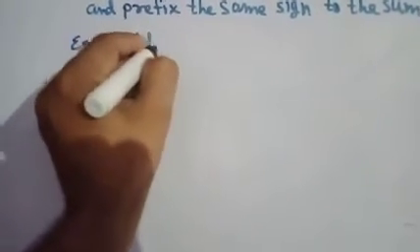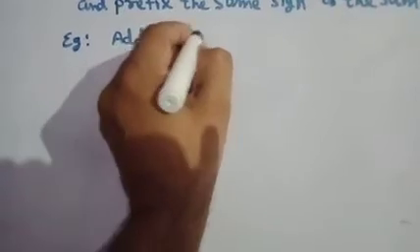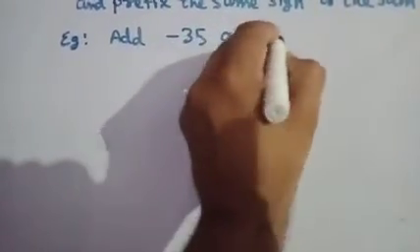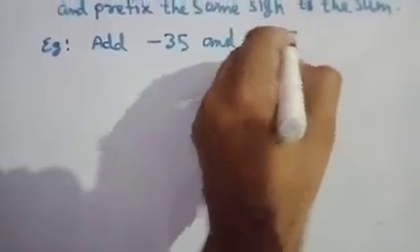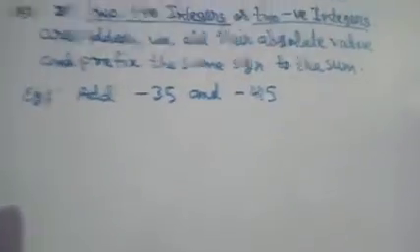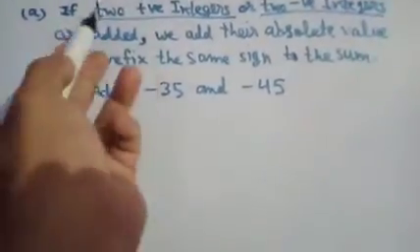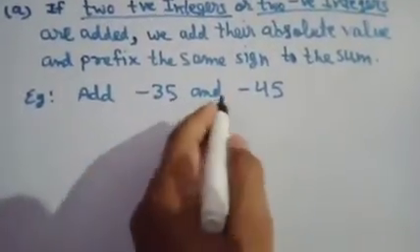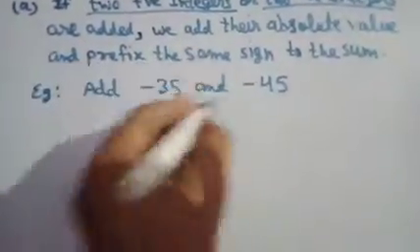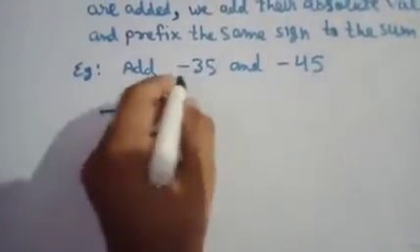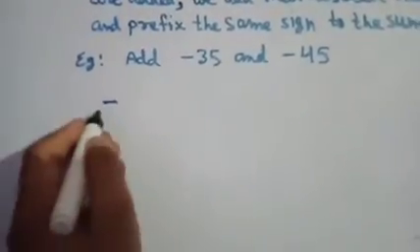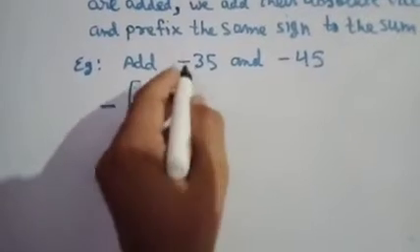Add minus 35 and minus 45. The rule is the same. If two integers are negative, we add their absolute value and prefix the same sign. So prefix the same sign because the integers are negative, and use a square bracket.